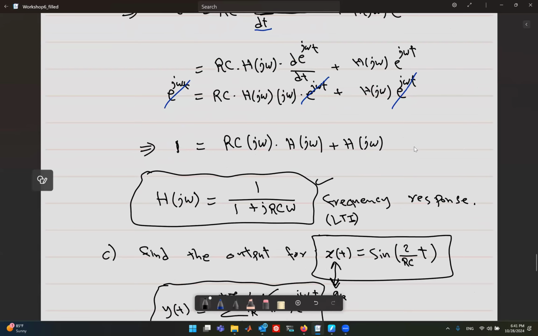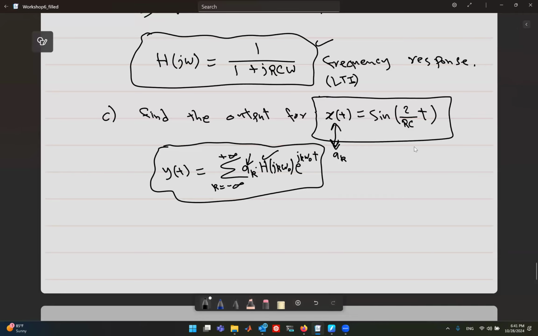And if you replace this two with a higher value, then your signal will have higher frequency, and it will be decayed even more. The output will be much smaller when you increase the frequency of this signal, because it will be filtered out.